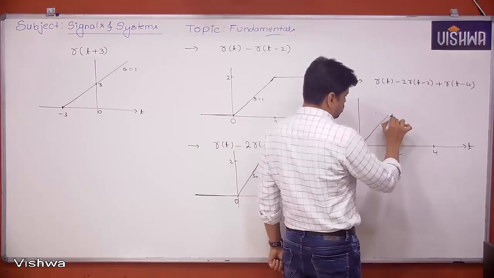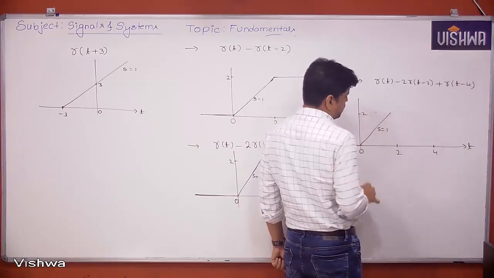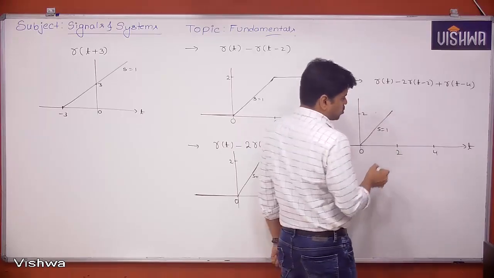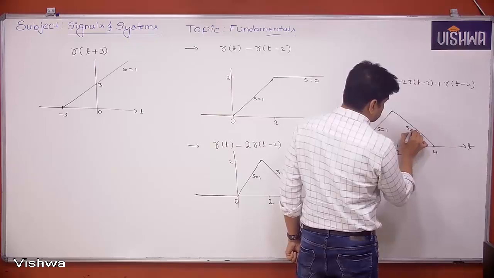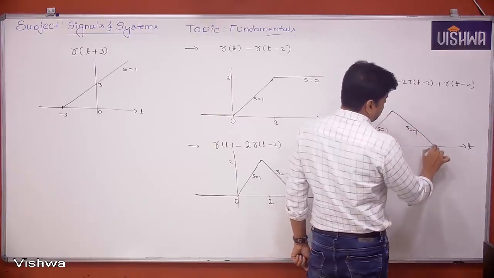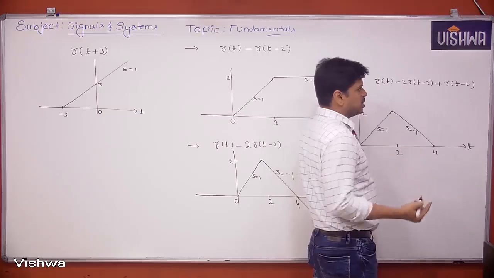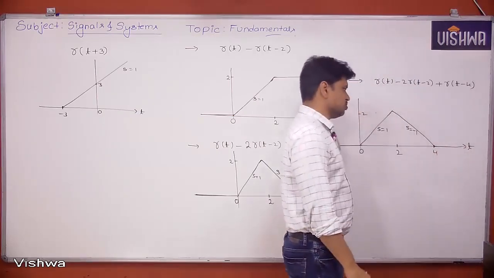At 0, slope introduced is 1. Next, at 2, the slope introduced is minus 2. So it is going to be minus 1. Up to 4 it will go, with slope equal to minus 1. At 4, again slope introduced is 1. So already minus 1 is there. If I introduce plus 1, then finally slope will become 0. This is the meaning of it.